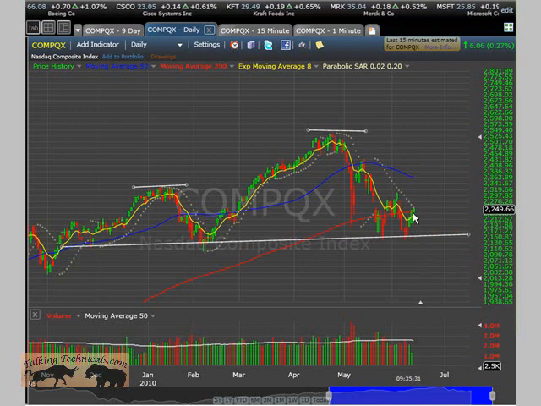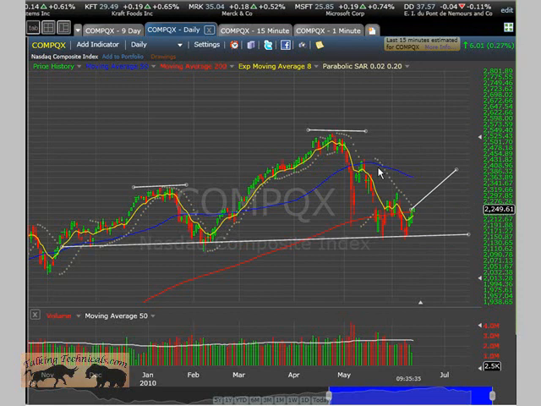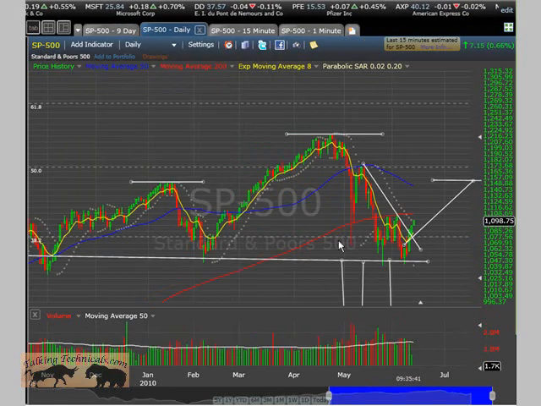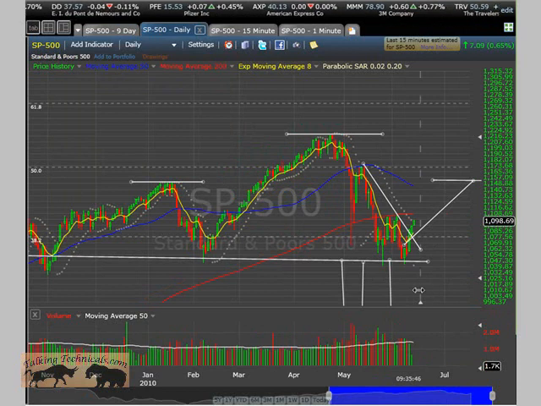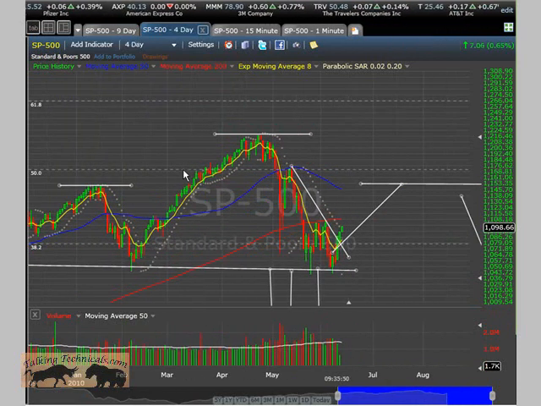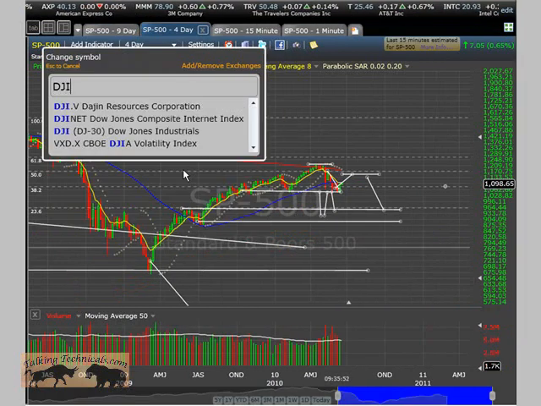So now it's likely to go higher, and soon we'll have our right shoulder. The S&P 500 is the same way. The Dow Jones is the same way.